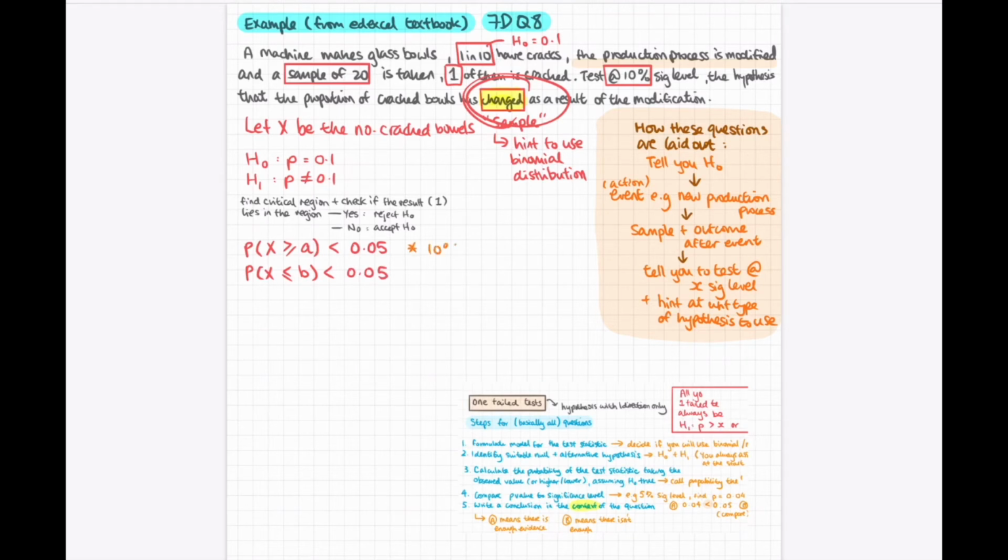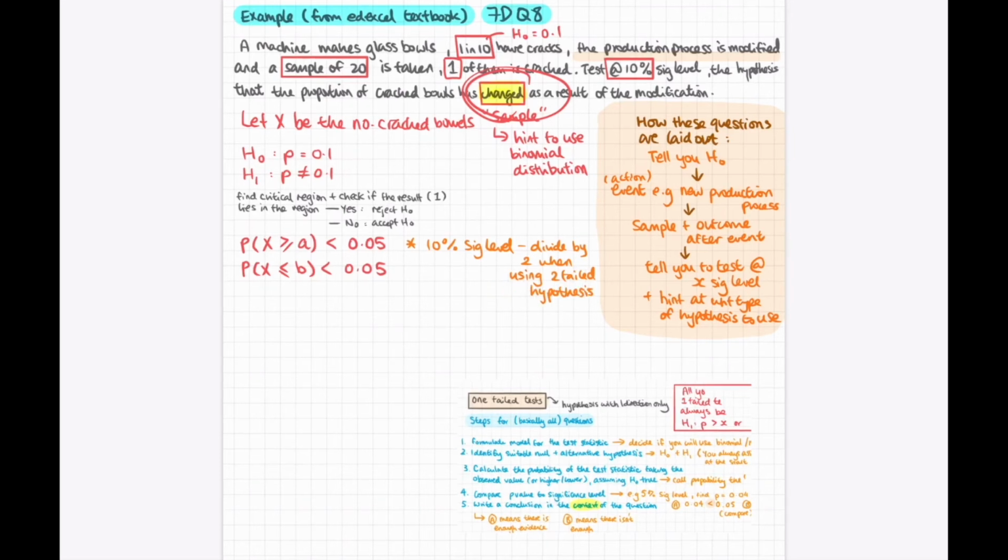Remember that 10% significance level, you divide by 2 when using a two-tailed hypothesis. And what I forgot to say earlier is, here X is a binomial distribution where n is 20, p is 0.1, assuming H0 is true.